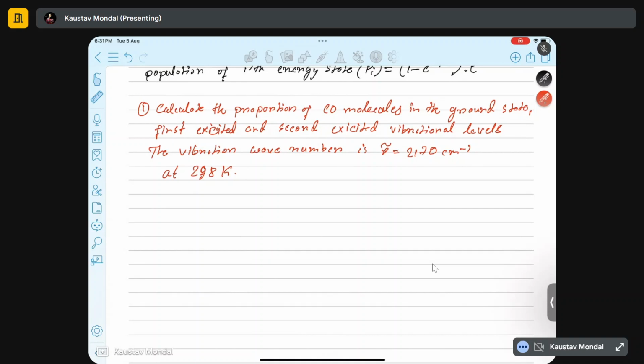Okay, so at this particular temperature, what would be the fraction of the particles in the first and second vibrational state?